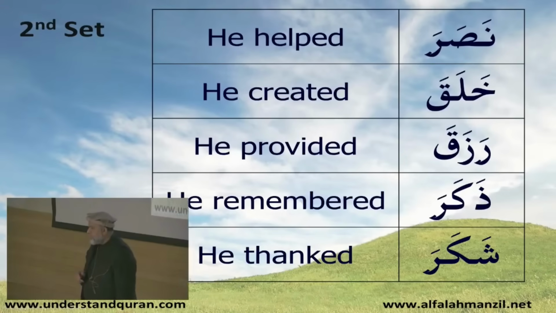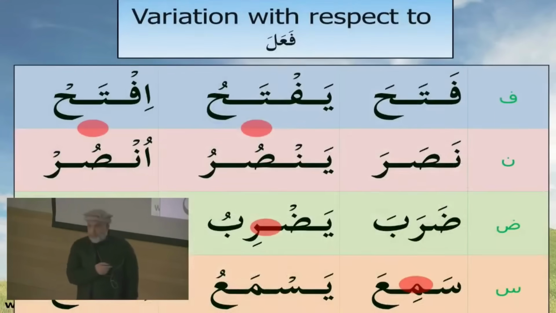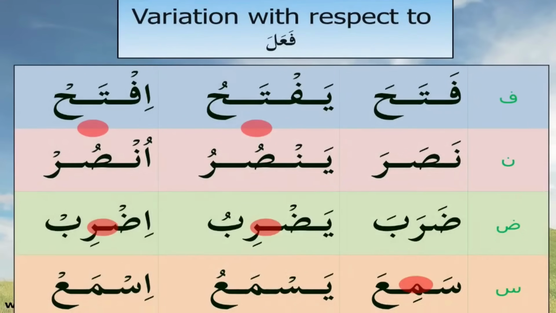So the second set we did in the past tense was Nasara, Khalaqa, Razaka, Zakara, Shakara. We know the meanings now, all of them? Okay. So this is the true picture of the style. If the Madi is going to be Nasara, when you change it to Mudari it is going to be Yansuru. Look at this chart one more time. You see how it is Noon, Fatha, Fatha, Fatha in Madi?